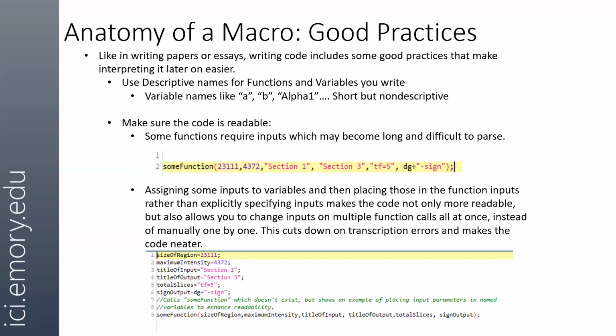And when I go to the function and look at it, I can say, oh, now I know what I'm trying to do. And it generally cuts down on transcription errors or topological errors. If you're ever trying to update it, it's much easier to update those few variables you've defined at the very start.